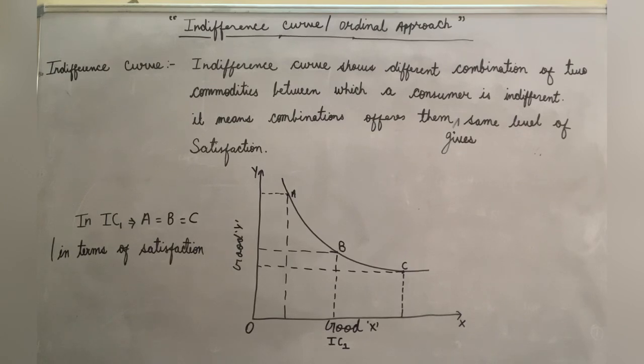Today we are going to understand what an indifference curve is, as it is a part of the ordinal approach, where we study that consumers define their satisfaction in terms of rank, as they provide a rank to their satisfaction. So, what is an indifference curve?